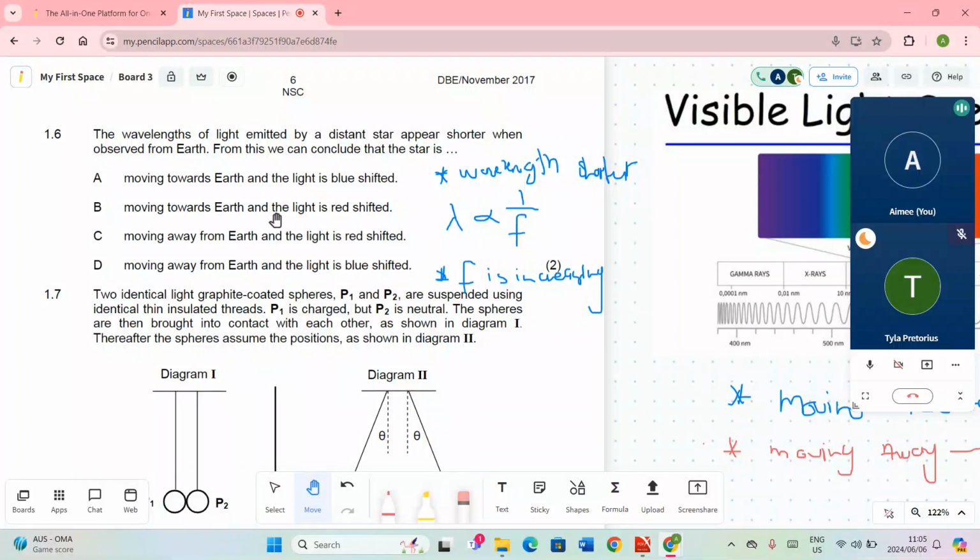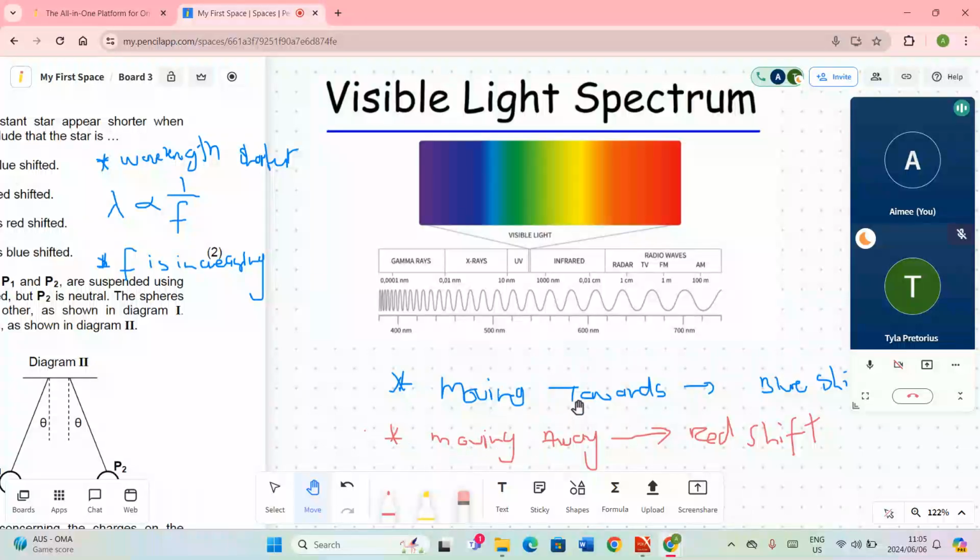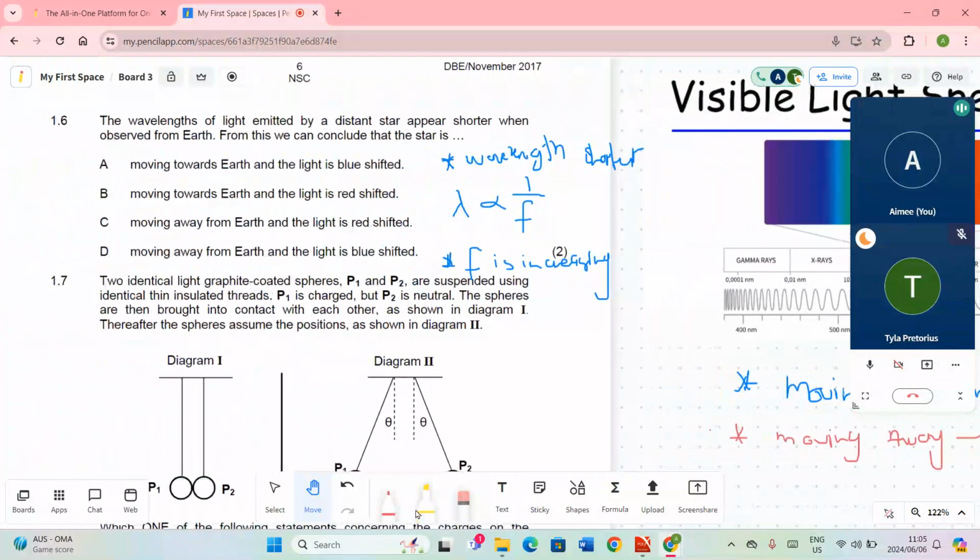B, moving towards the Earth, the light is red shifted. You already know moving towards is not synonymous with a red shift. So you can just eliminate that. C, moving away from the earth and the light is redshifted. So this is true, but the light is not redshifted in this case. The light is blue shifted. So we know that's not an option.